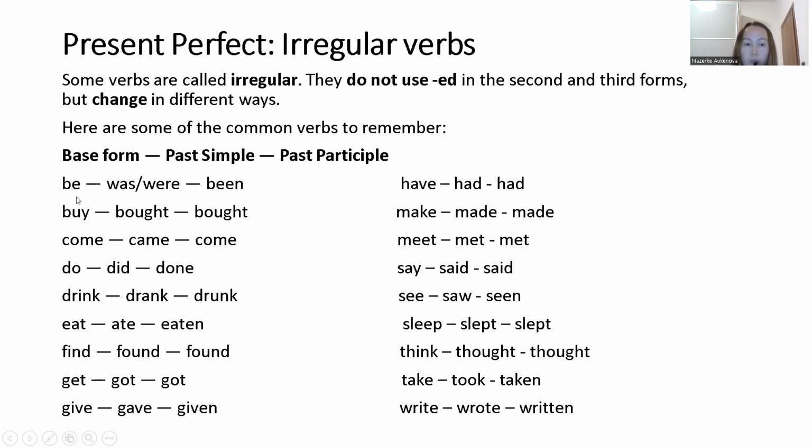For example, be, was, were, been; buy, bought; come, came, come; do, did, done; drink, drank, drunk; eat, ate, eaten; find, found; get, got; give, gave, given, and so on. You can just remember them by learning by heart. It's like a song, like you're singing a song, right?